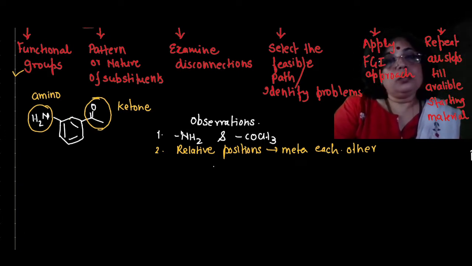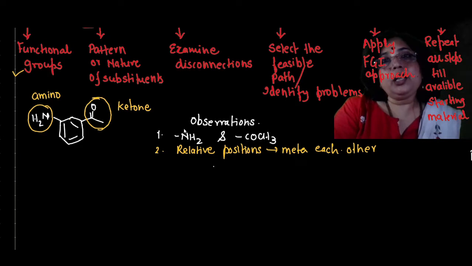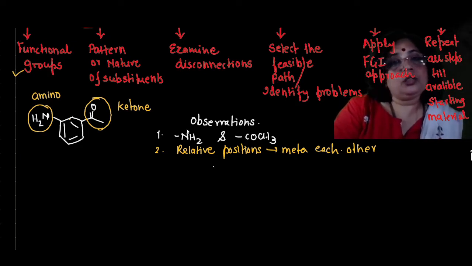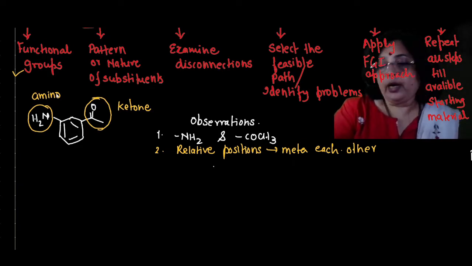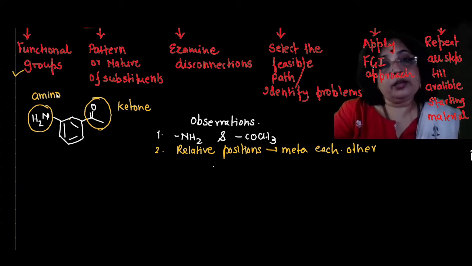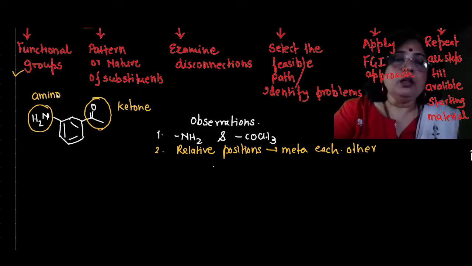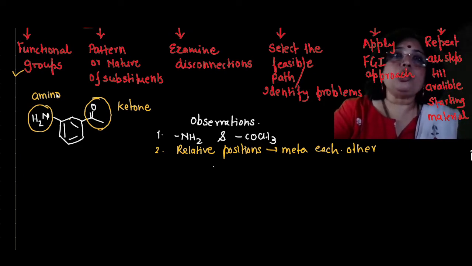All right. So the functional groups are the signposts to the retrosynthesis. Without functionality, we have very limited reactions at our disposal. So frequently this controls where we can apply disconnection. The functional groups have complete control over the disconnection. That is why we have to identify the various functional groups, their relative electronegativity, their characteristics, etc. Now moving to the next point, the pattern or nature of the substituents.